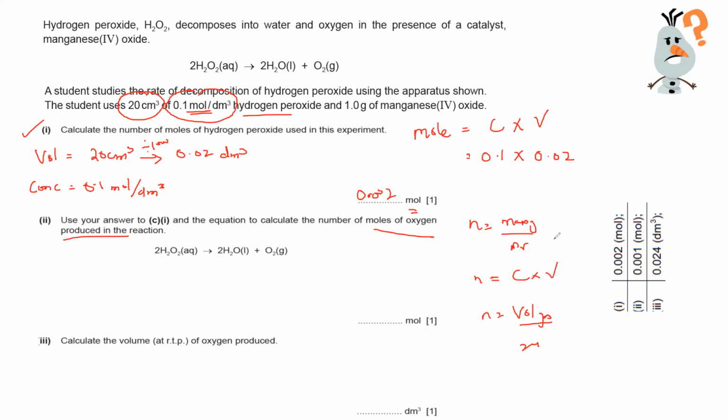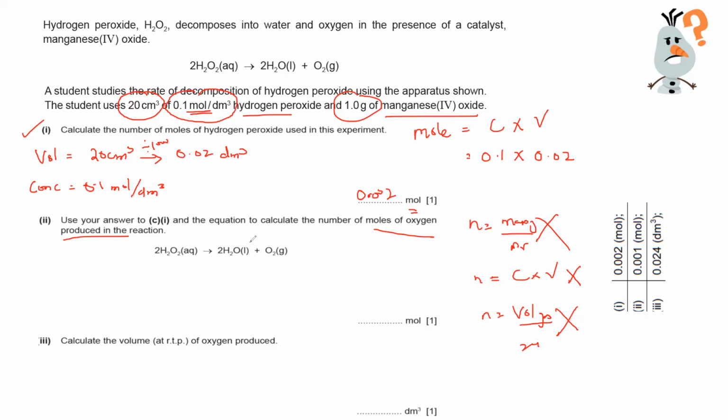We don't have the mass of oxygen; this is the mass of manganese oxide, not only oxygen. So we cannot use the first formula. We don't have concentration and volume, so we cannot use the second formula. We don't have the volume of the gas, so we cannot use the third formula. So to solve the second part, we cannot use a formula because the information is not there. Then what we can use is a ratio.